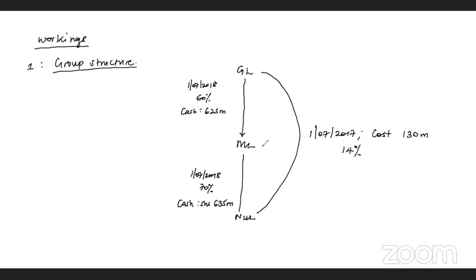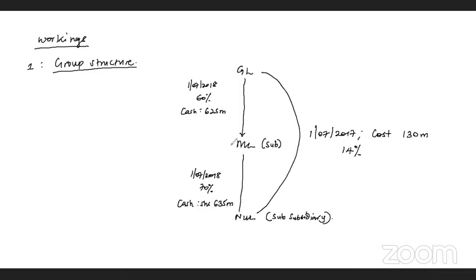So this is a subsidiary because the parent acquires 60% in ML. Then when you look at NUL, this is what we call a subsidiary. It's a subsidiary of the group.